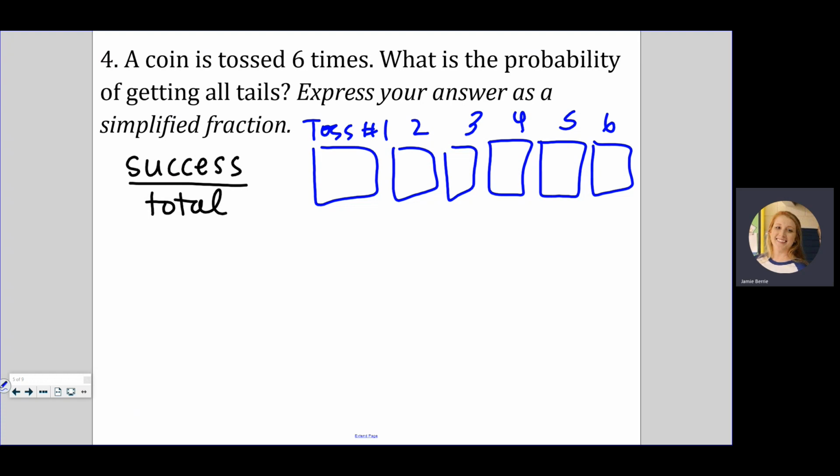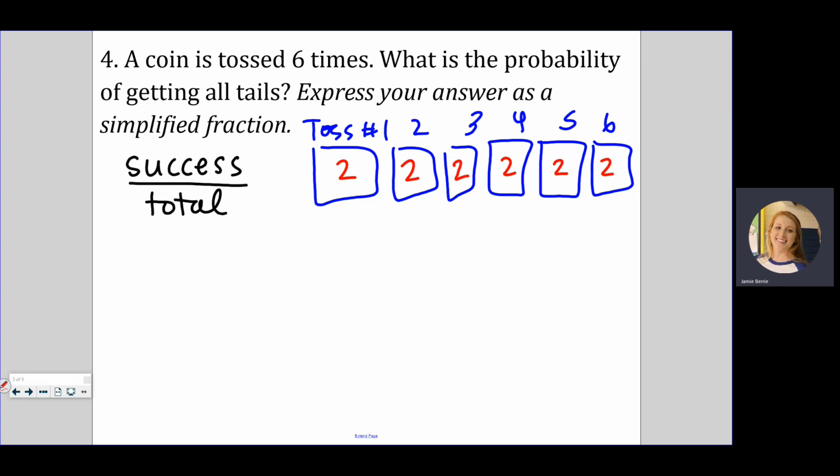And then in each one of those boxes, we're going to write how many choices we have. So when we flip that coin the first time, what are my 2 options? Heads or tails, right? So I have 2 possible outcomes. What about for my second toss? Yeah, two outcomes, heads or tails, for each one.